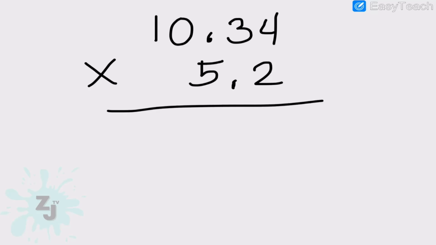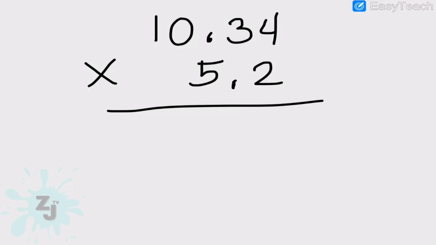The method on solving this is just like what we did on the previous examples, but as we identify the final answer, we need to consider the decimal places, that is, the significant digits that exist at the right side of the decimal point.